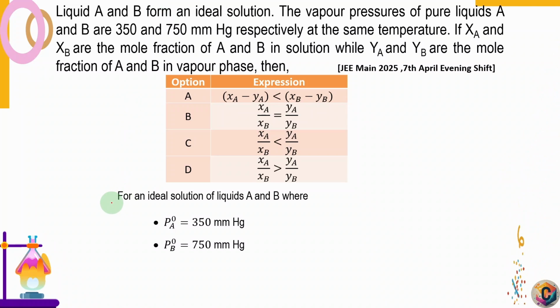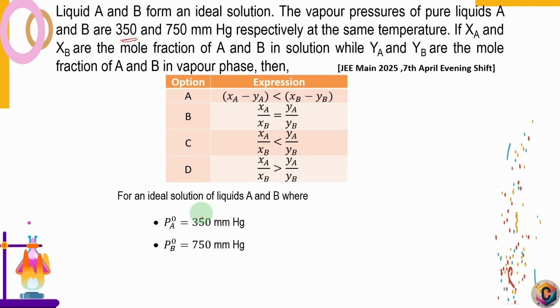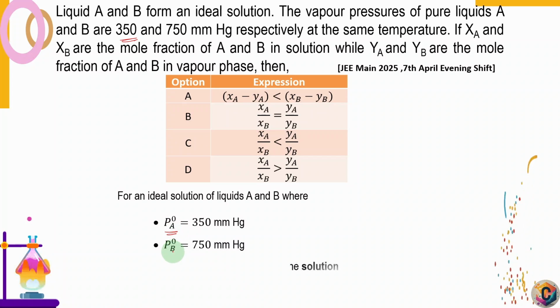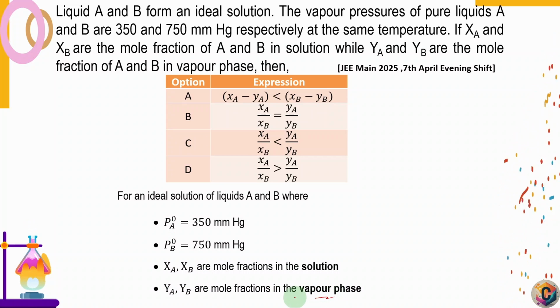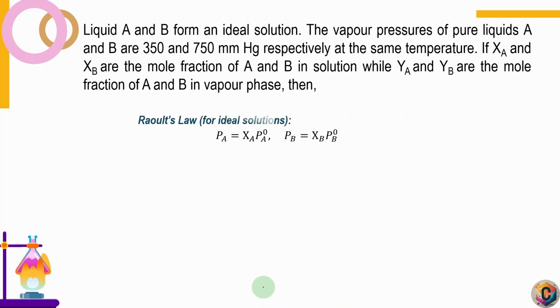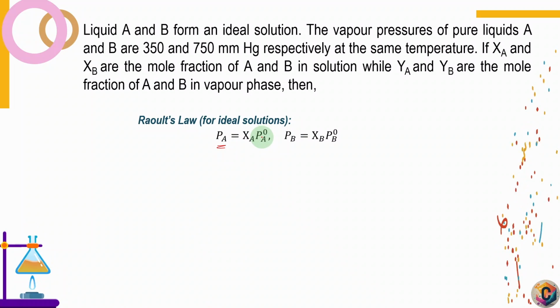Let us now note the data as given. 350 is given as PA naught, and 750 is the vapor pressure of B, PB naught. XA and XB are mole fractions in solution, and YA and YB are mole fractions in vapor phase. I'm going to apply Raoult's law: PA is equal to XA into PA naught.